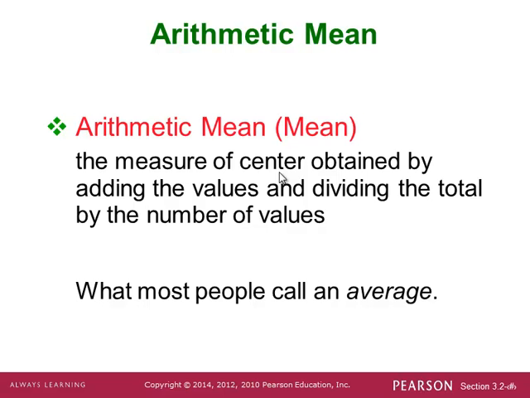So that's not what we mean here. All we mean by the arithmetic mean, and I don't mean to be making a pun here, but it's just simply adding up the numbers in your data set and dividing by the number of numbers. That's another way of saying the arithmetic average.